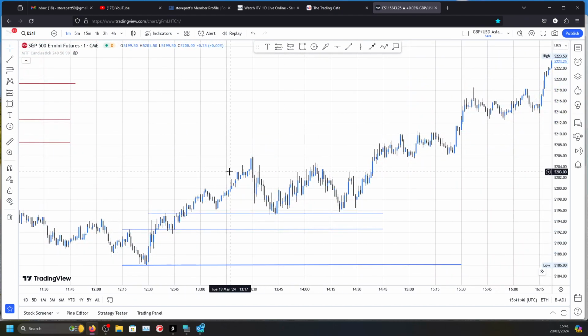And we can see, once I see price failing to break below this point, and break below here, bearish.